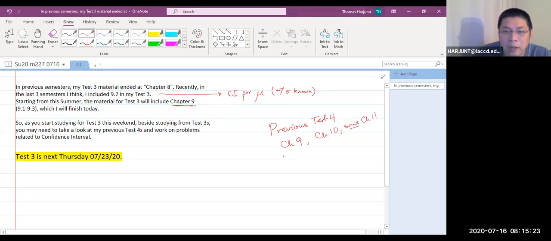Now, my plan for our class: test 3 up to chapter 9, and your test 4 will be full chapter 10, chapter 11, and linear regression.